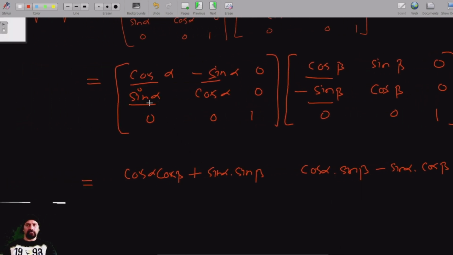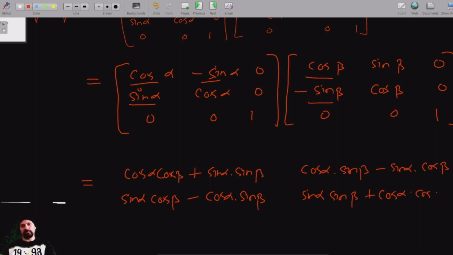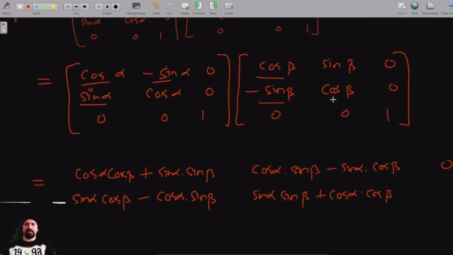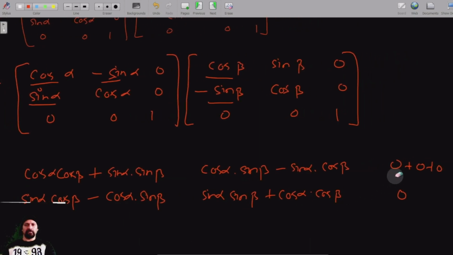Okay, next row: sine alpha into cos beta, cos alpha into minus sine beta, 0 into 0 is 0. So sine alpha into cos beta minus cos alpha into sine beta, next one is sine alpha into sine beta plus cos alpha into cos beta, and then 0. So this is also 0.